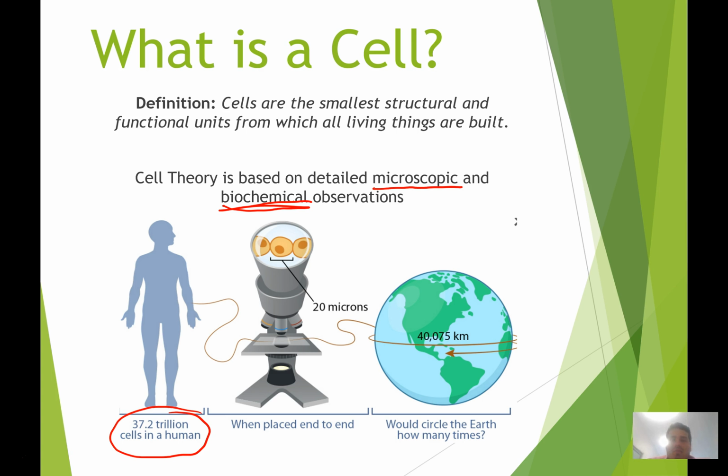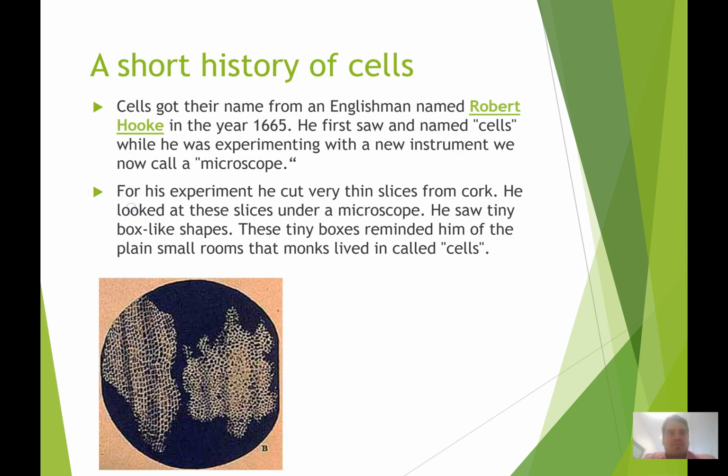Each cell is only 2 microns wide, but if you were to place every single one of those cells end to end, you would circle the Earth 1.5 times. So you'd have 40,075 kilometers worth of cells. So lots and lots of cells.